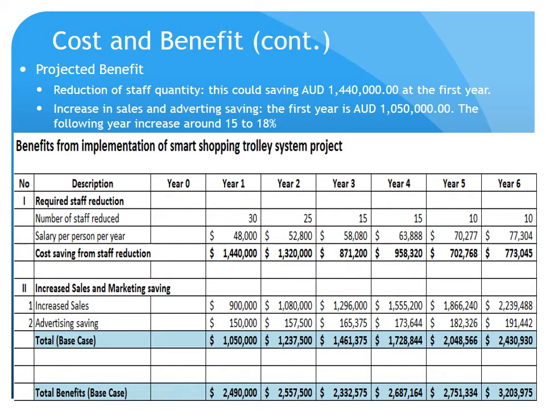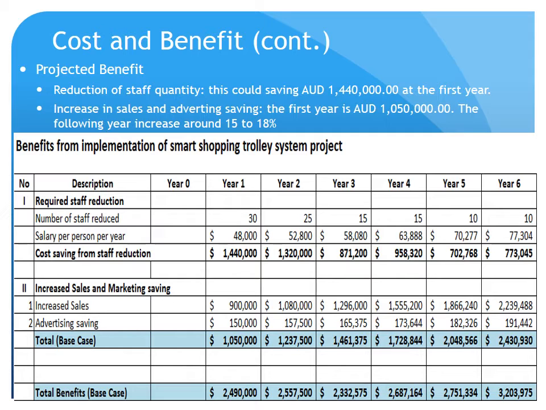Continuing from the last slide, projected benefits can derive from the reduction of general staff, especially the staff at the counter checkout. The number may vary from year to year. For the first year, the company could save about $1,440,000, and in the following years the savings seem to decrease since the reduction is less.